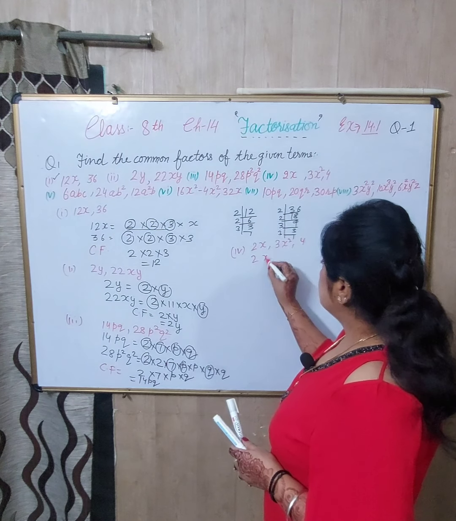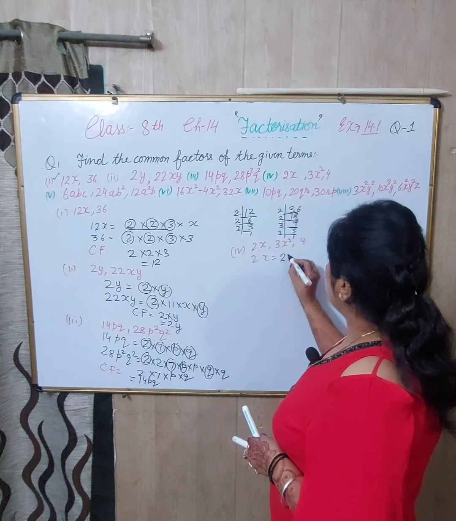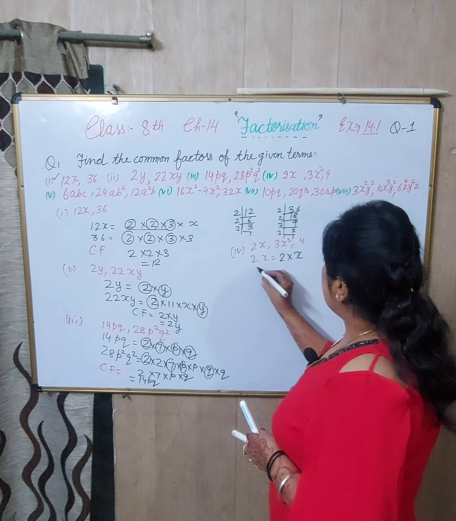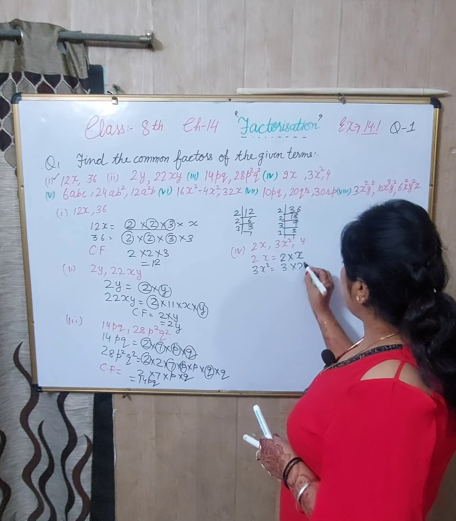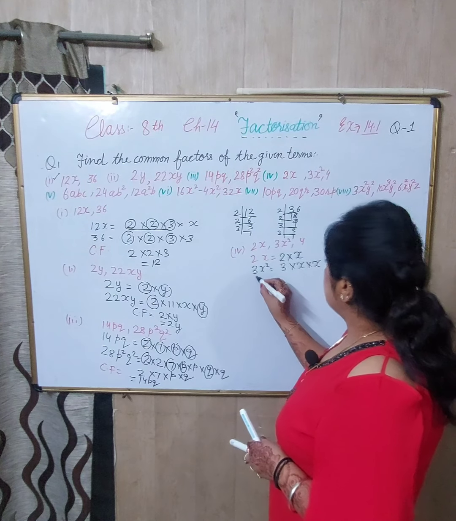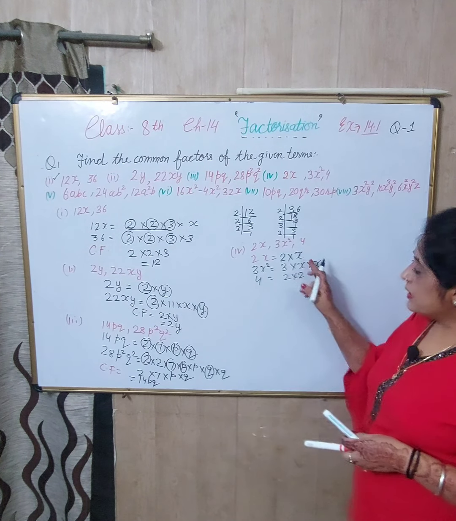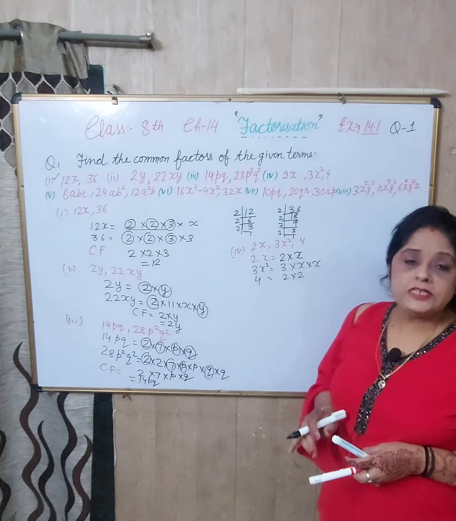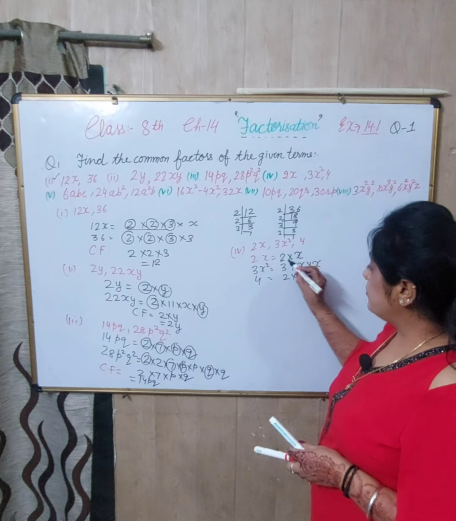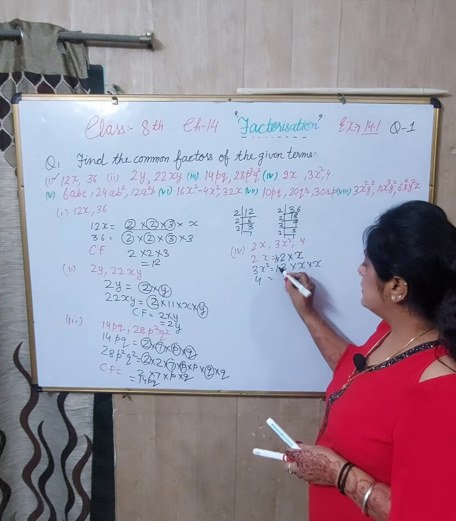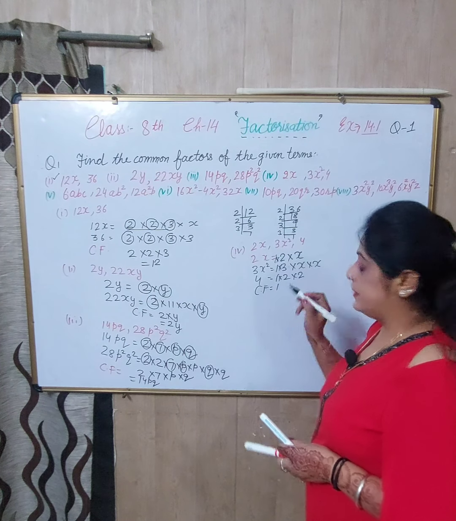First, 2x you can write as 2 multiply x, and 3x square as 3 multiply x multiply x, and 4 as 2 multiply 2. You can see nothing is common, neither 2, neither 3 and neither x, but you know that 1 is common to all. So your common factor will be 1.